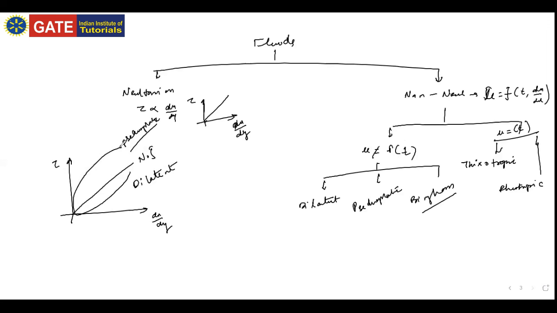This is the general thing over here. If I extend this line further, there will be a certain intercept of tau i over here. This one is going to be a Bingham.